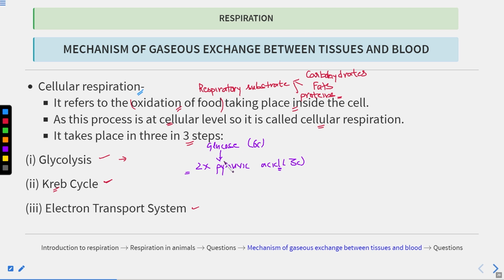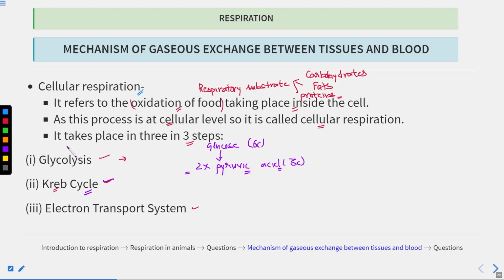Clear? Now, here, the pyruvic acid cannot enter into the mitochondria. So that's why pyruvic acid cannot take part in the Krebs cycle directly. So first, the pyruvic acid is converted into acetyl coenzyme A. And this process we have already discussed is known as oxidative decarboxylation.